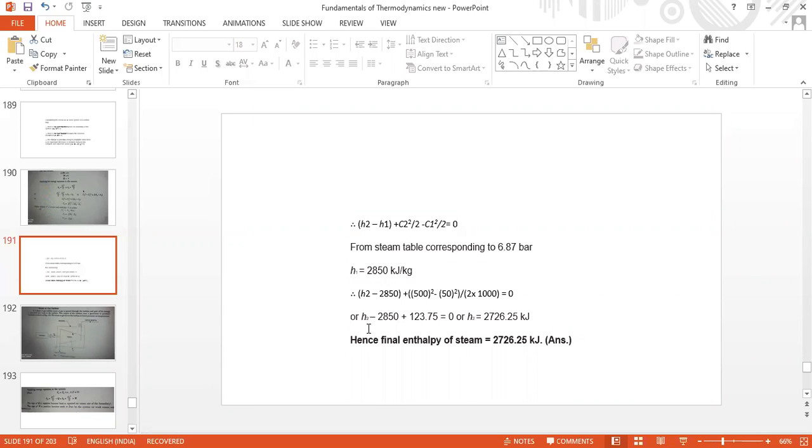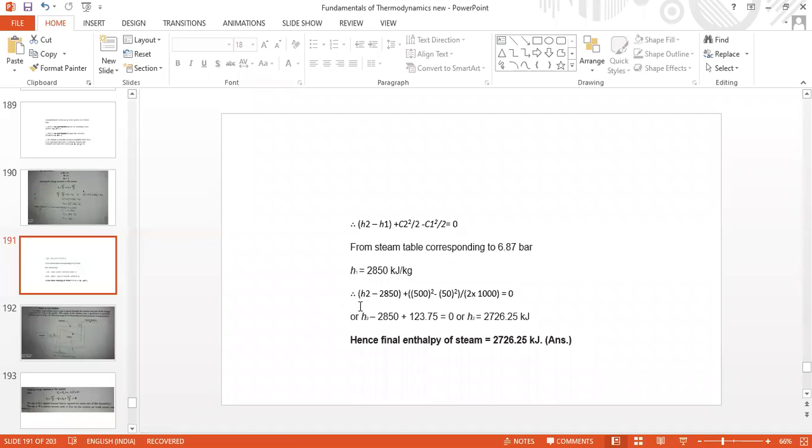And here now H2, finally we calculate the enthalpy like this, which is required for this problem. So in this way, steady flow devices can be dealt with using the steady flow energy equation.